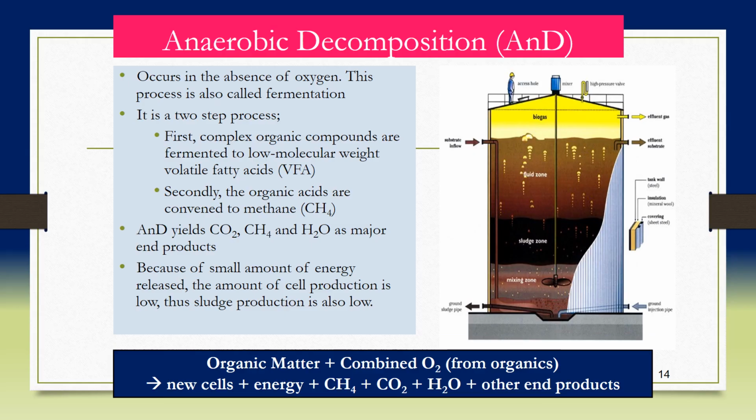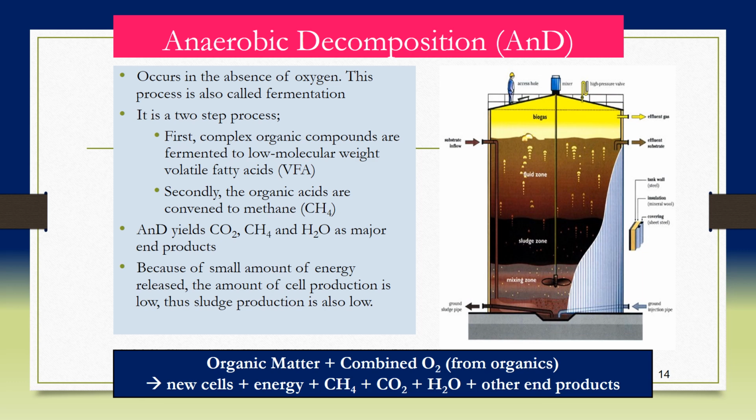Okay, next is the anaerobic decomposition. So this anaerobic decomposition occurs in the absence of oxygen, also called a fermentation process. So in general it has a two-step process, which is the first part where complex organic compounds are fermented to low molecular weight volatile fatty acid, and then secondly the organic acids are converted to methane.